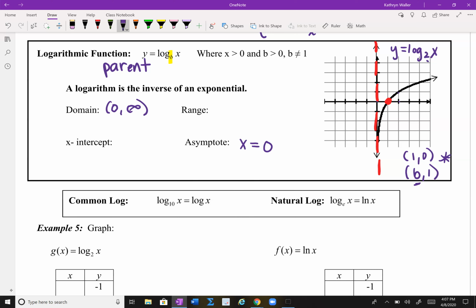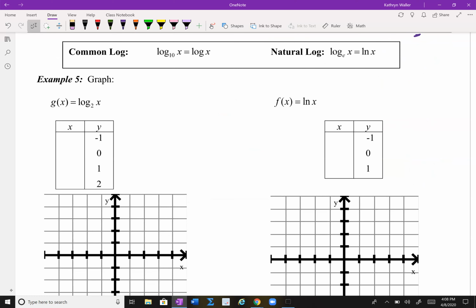Range is y, start low, move up. It hits everything. So the range is all real numbers, okay? X-intercept, look at the graph. It is 1, 0, and that's it, okay? So if you have like y equals log of 5 and there's no base, that's log base 10. So if there's no base written there, it's base 10.